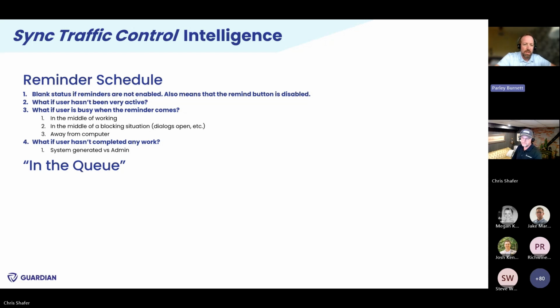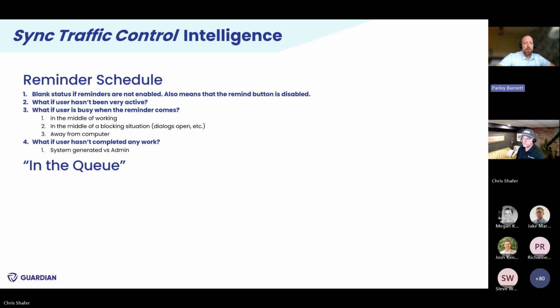Okay, and so as soon as the user closes the dialog, they would get the reminder, assuming that nobody else is syncing already at that time. That's kind of the cool thing about these reminders, it's smart enough to not remind somebody to sync if the queue is already being utilized.